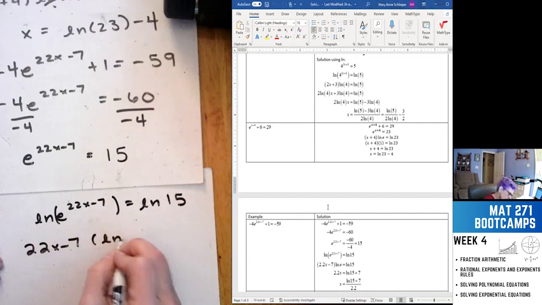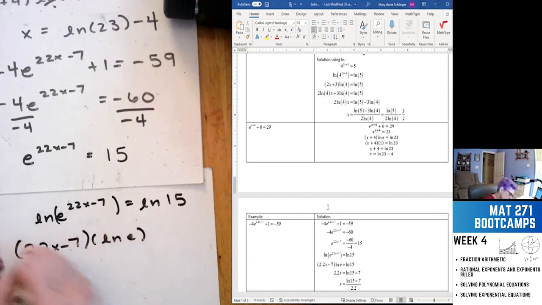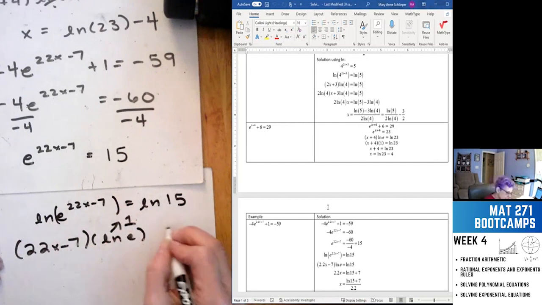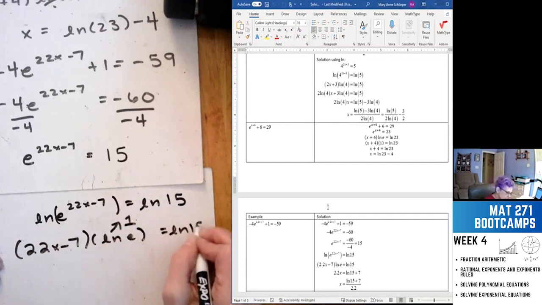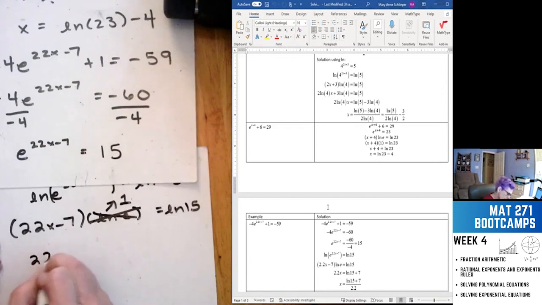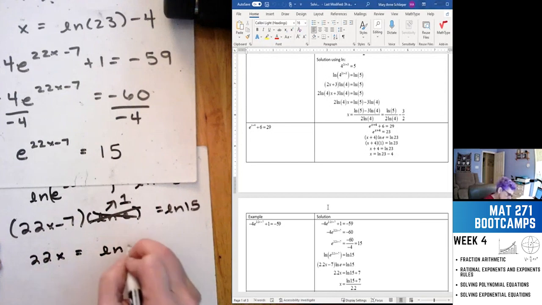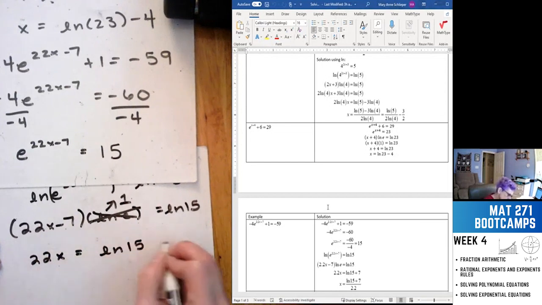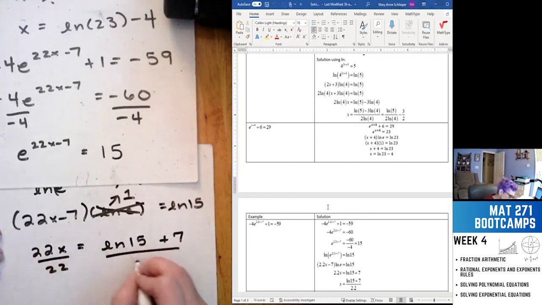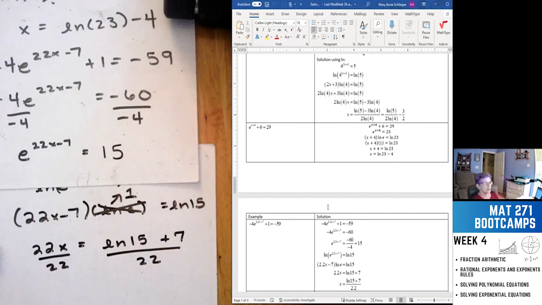You'd be left with natural log of e, which is equal to 1. So 2x is equal to the natural log of 15 plus 7. And divide both sides by 2.